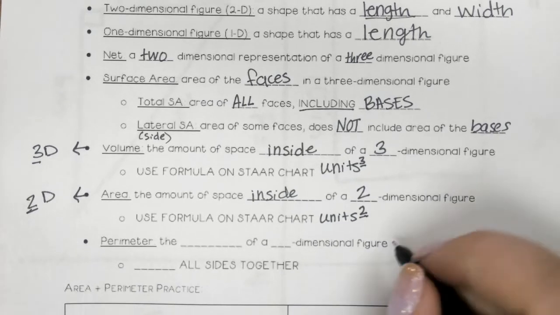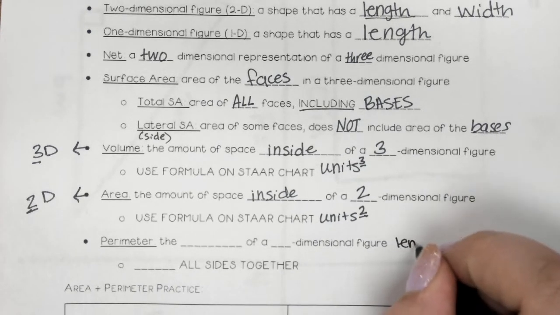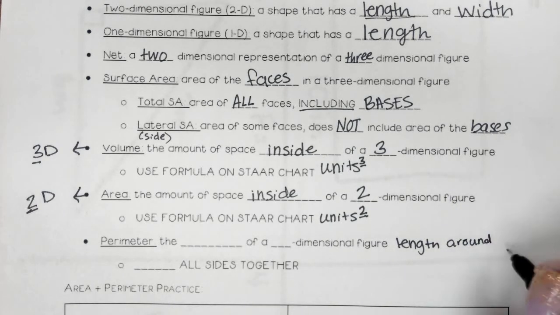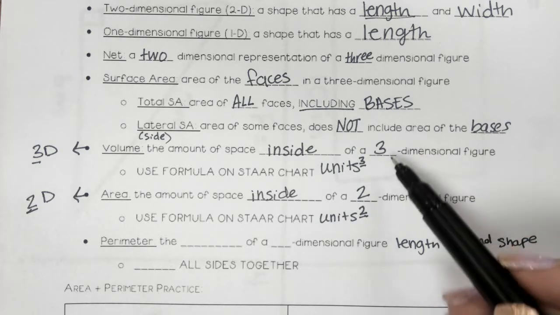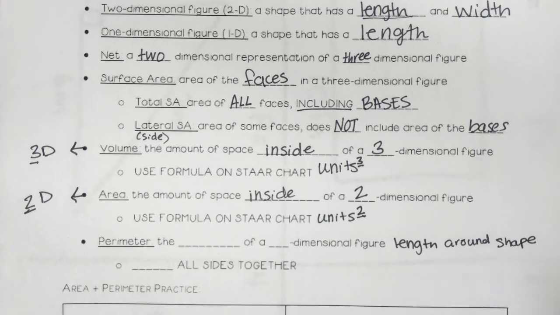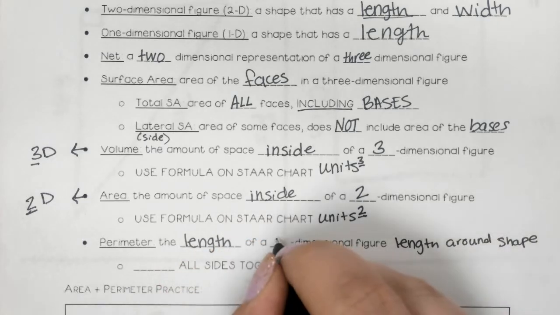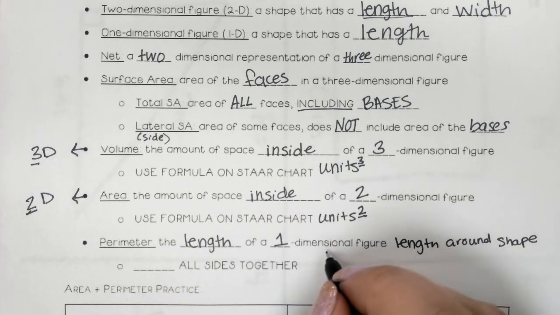Perimeter is the length around a shape. I'm going to define it in a really weird way to mimic this three-dimensional figure, two-dimensional figure, what goes with which. So perimeter is just the length of a one-dimensional figure. That's really just a line.